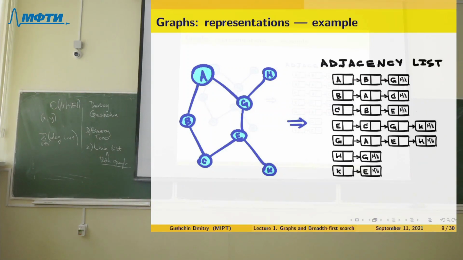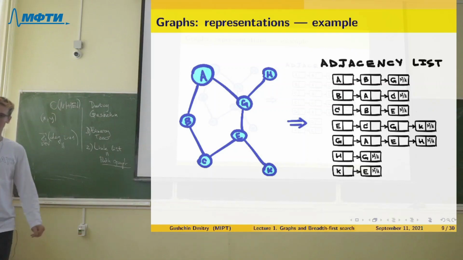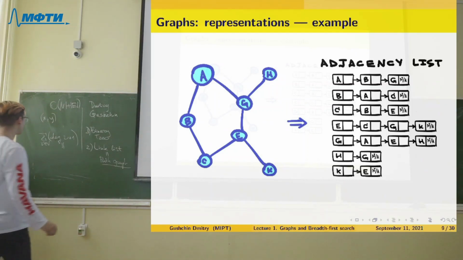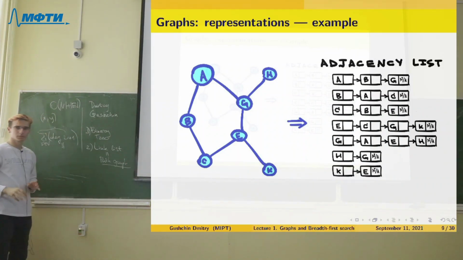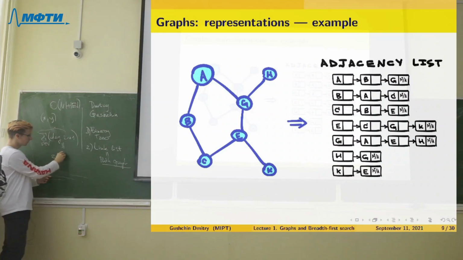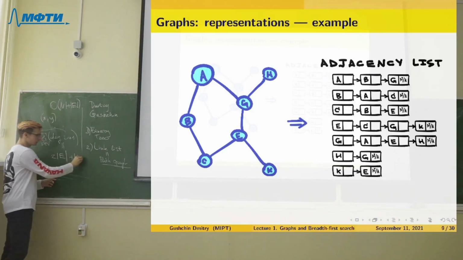It's the sum over all vertices. The sum of degrees equals 2 times the number of edges, remember? So it's 2 times the number of edges plus the number of vertices.